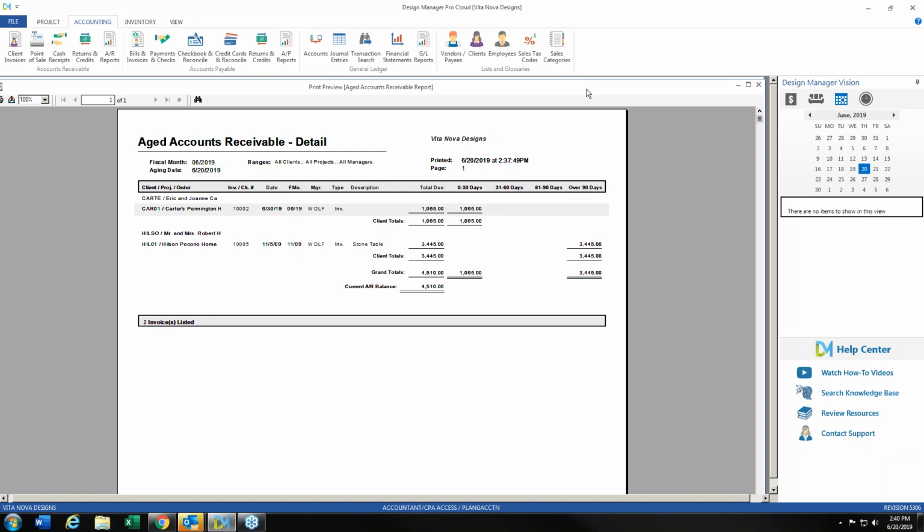Let's see. That's a good question. I would suggest, if there is an option, to do a credit or to void the invoice, but make sure that you're using the current date of doing it.